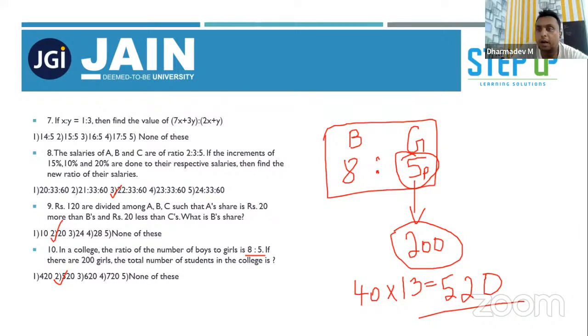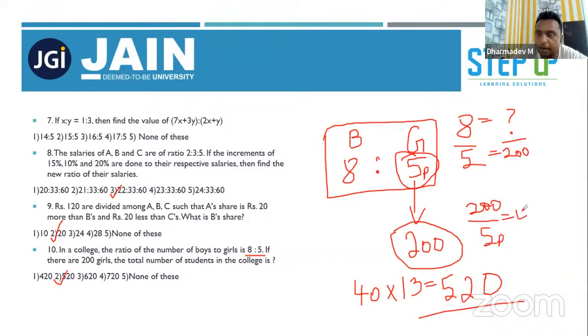Maiga, again, 200 divided by 5. 8 we don't know, 8 is the ratio parts, we don't know how many. So 5 parts for girls, so 5 is equal to 200, and 200 divided by 5 is 40. That is nothing but one part. So one part of the ratio is 40. I have to multiply 5 times 40 is 200.